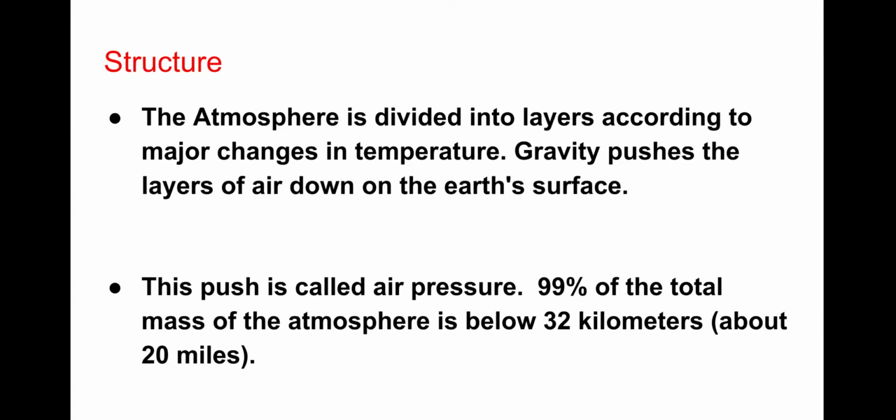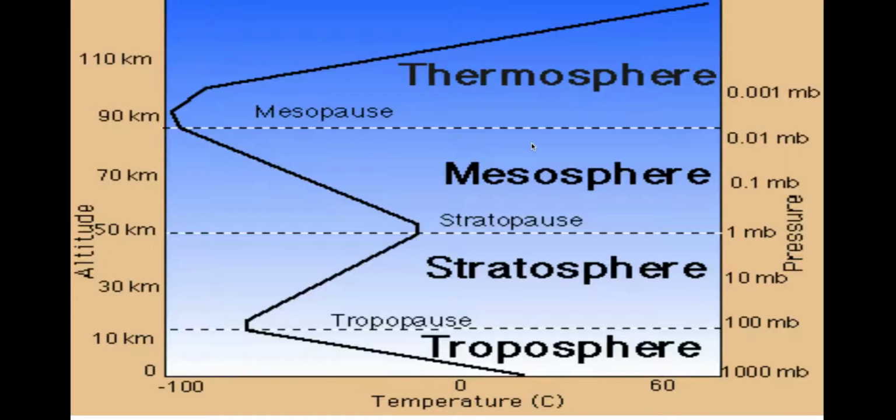This is why it's a lot easier to go for a run here than it was for me in the mountains of California, where the oxygen molecules are actually further spread out, and so it's harder to breathe. We call that push of the air molecules from gravity air pressure. And 99% of the total mass of the atmosphere is below 32 kilometers, or about 20 miles.